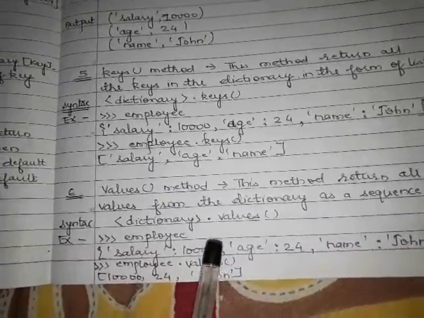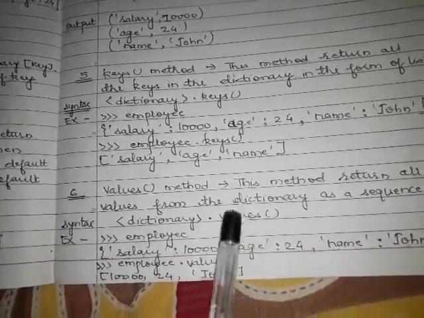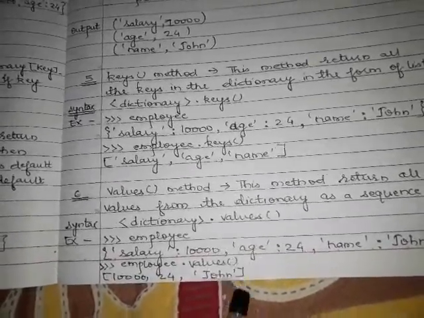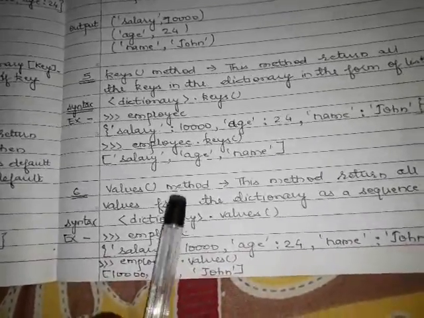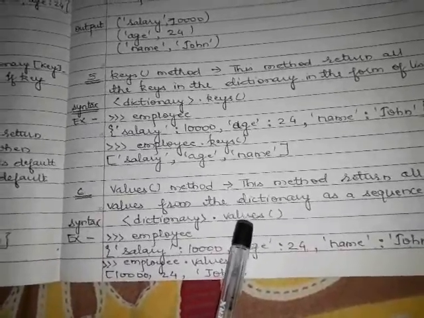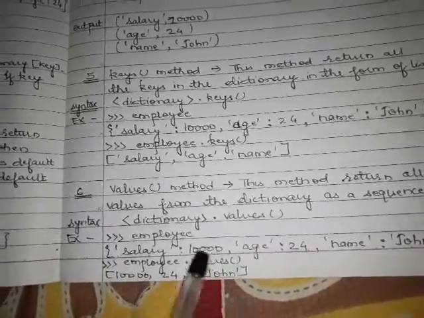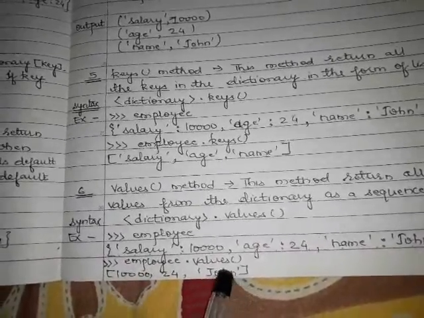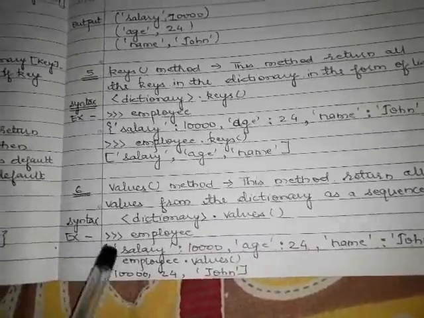It is not necessary that all these values are displayed the same as they are in the dictionary. The order will be changed. The order is not predefined. That's why a dictionary is called unordered, an unordered key value pair. So this order is not fixed. It will be random; on some computer John will be displayed first, or 24 will be displayed first.